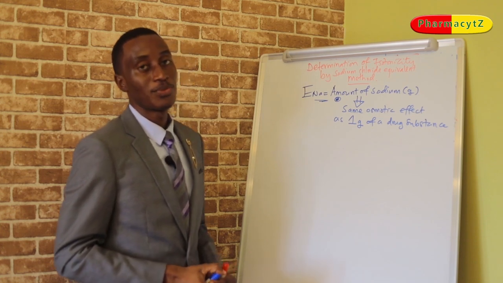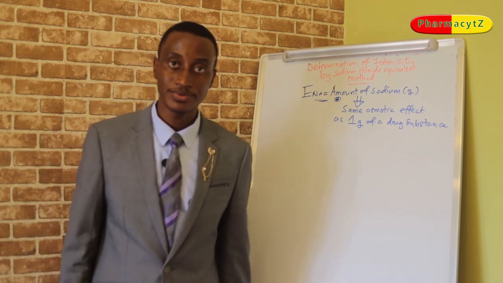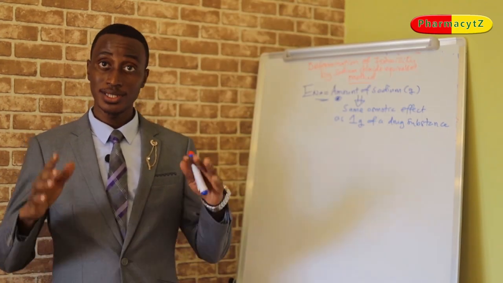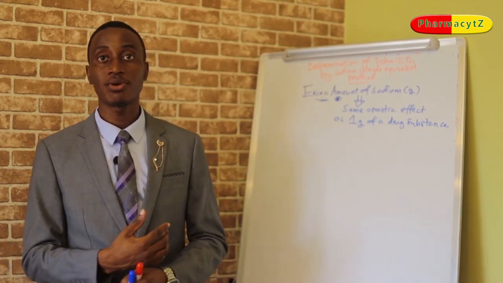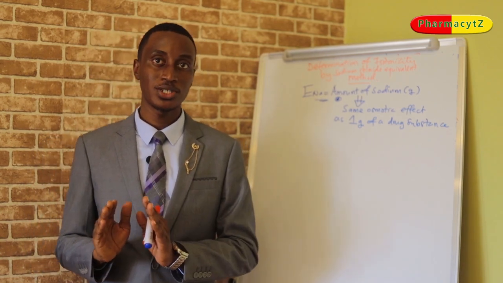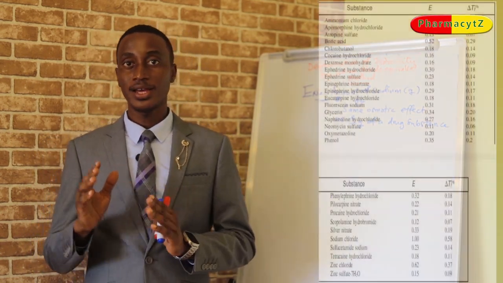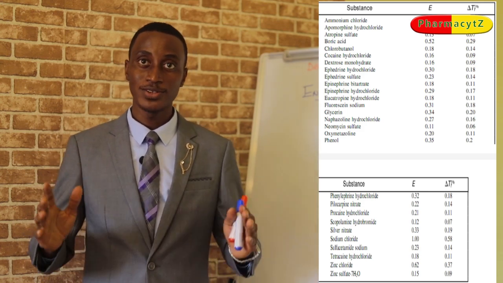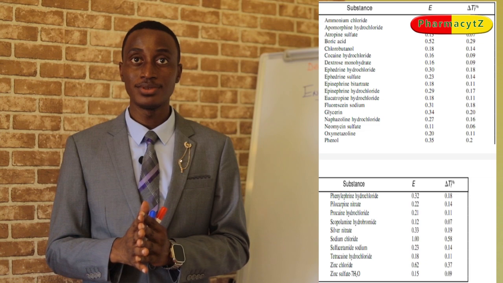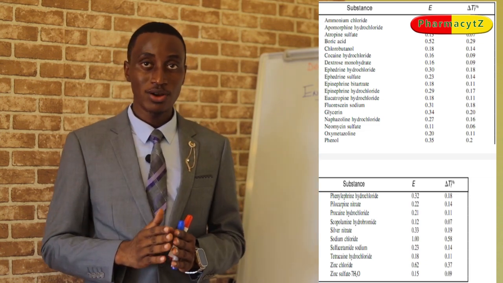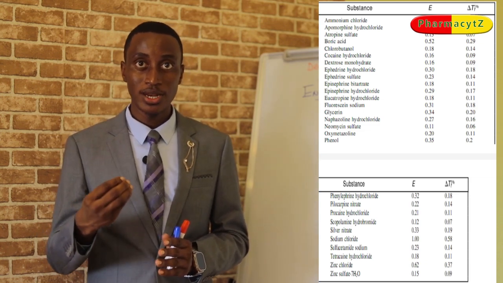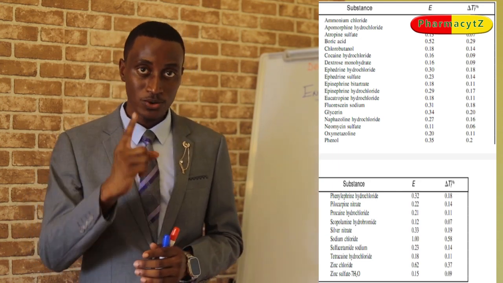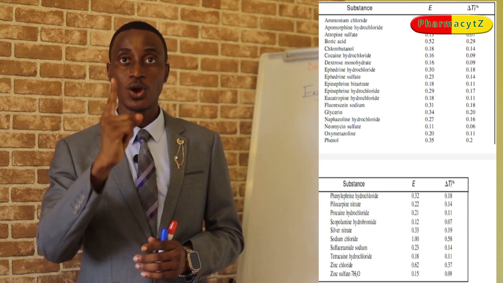Take note, all of it is about the amount of sodium chloride in grams. We have several formulas, but before I narrate them, remember that as we did in the previous session on freezing point depression, here in sodium chloride equivalent we are going to use the same approach. The unique thing here is the table of figures. Previously, we had a table on freezing point depression of common substances. Now we are going to have another table, of sodium chloride equivalents of different drug substances, which were calculated when the concentration of such drug substances was 1%.